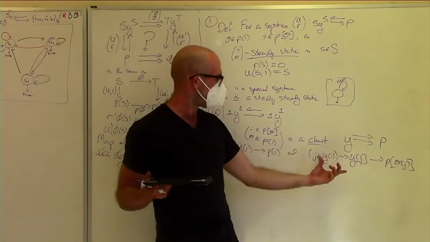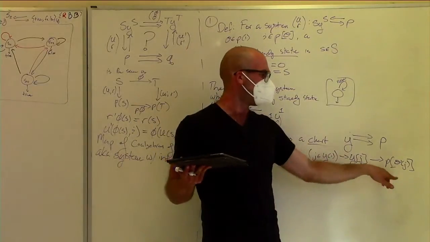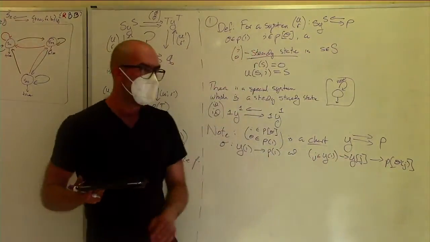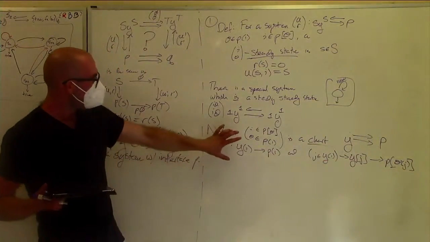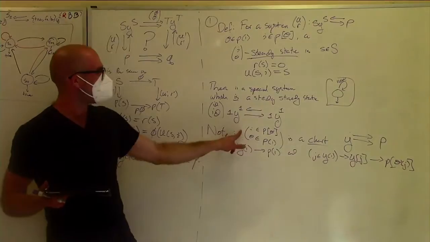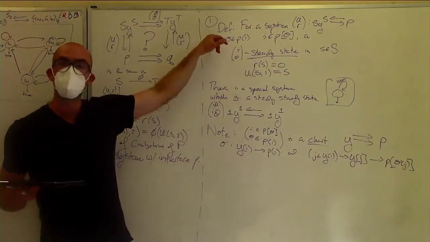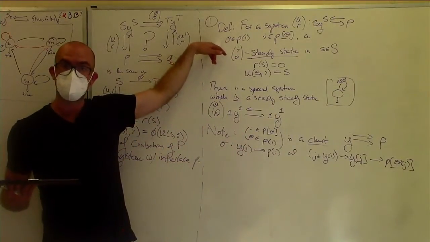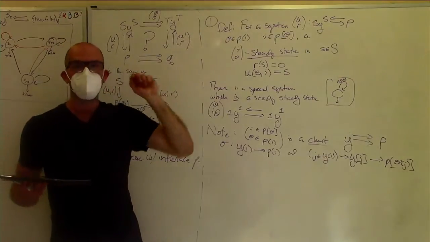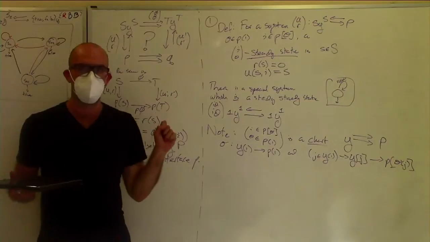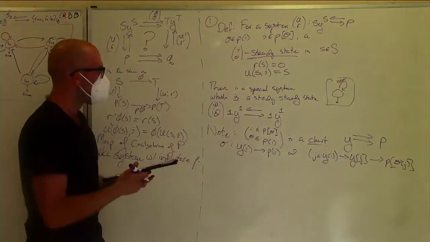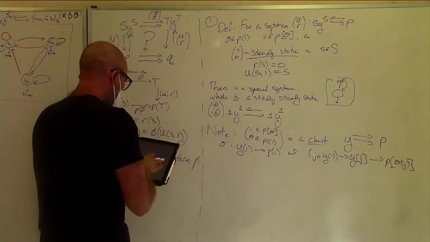So we again have no choice. So this is again just the information of an element sitting over O. So that's why a chart from Y to P is the same thing as the pair of outputs which we needed to specify a steady state. And in general, this is why I ended up calling this thing a chart, because it's going to chart out our behavior beforehand.